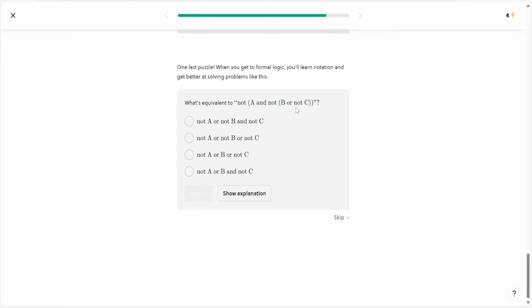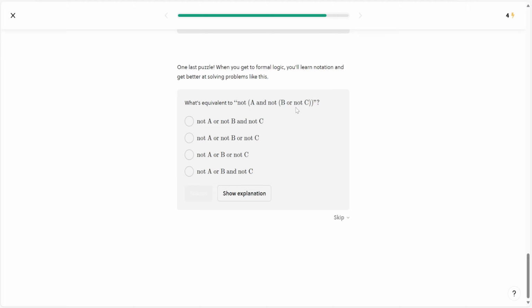I have no idea. I'm just going to leave it as or not C. So cross out the not, and then we've got not A or B or not C.